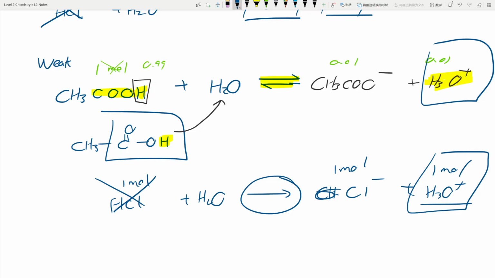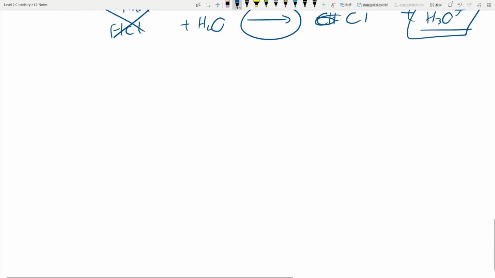Because of the partial dissociation, here's a little flow chart.